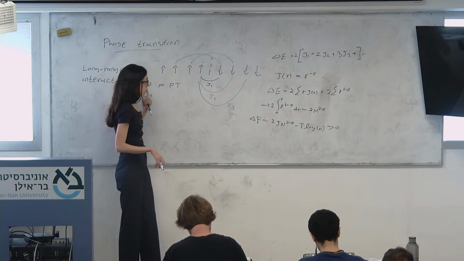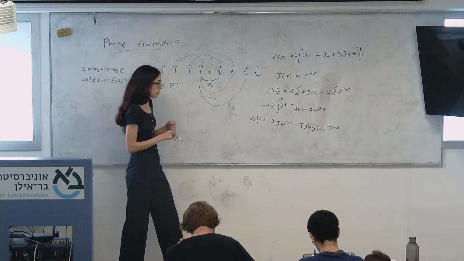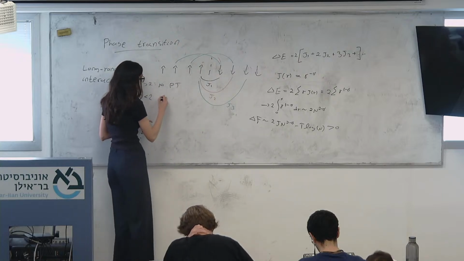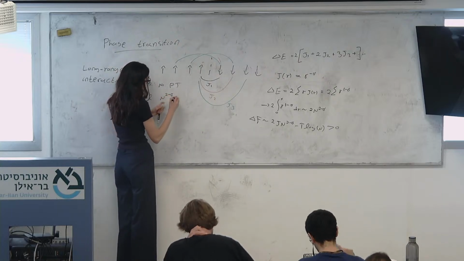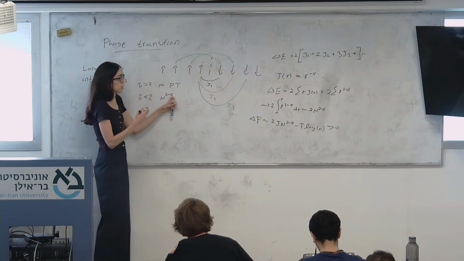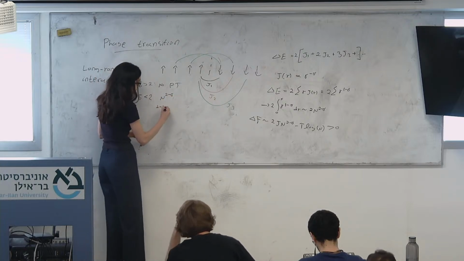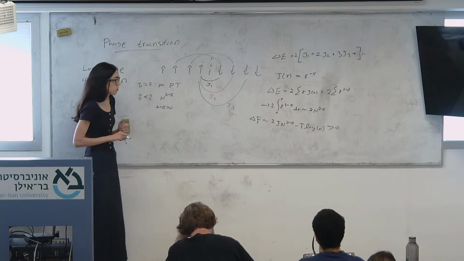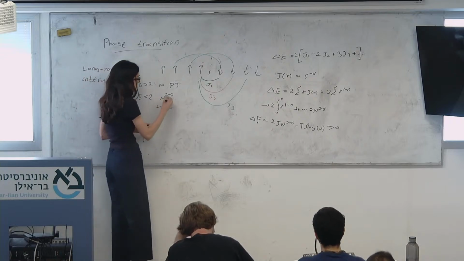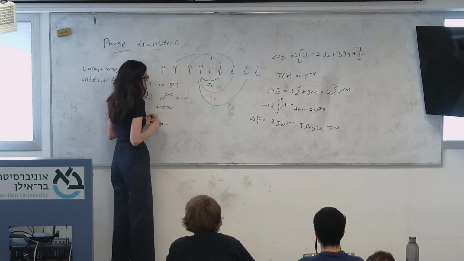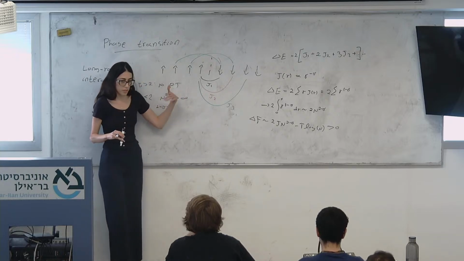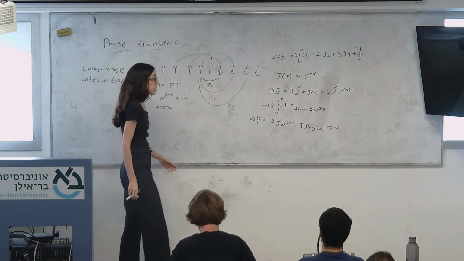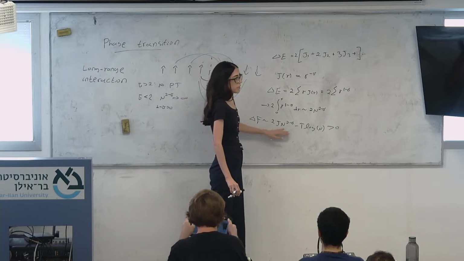If sigma is smaller than 2, then 2 minus sigma is going to be larger than 0. I don't like to write it like that because then you get infinity minus infinity, but this is still going to be a very large number.